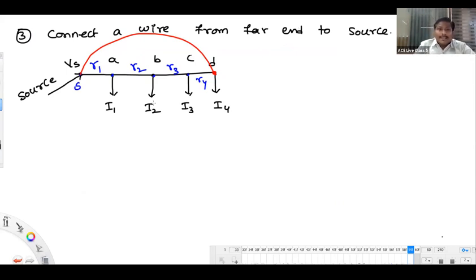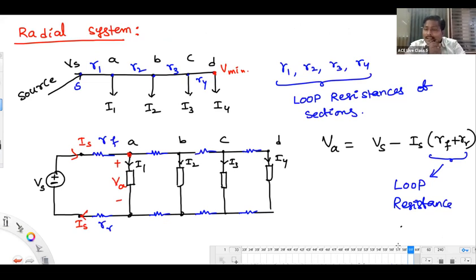But you see here, there is a loop formation. Generally, radial system in the sense, people will say there is no loop. No loop means no loop within the forward wire, no loop within the return wire. That's the meaning.